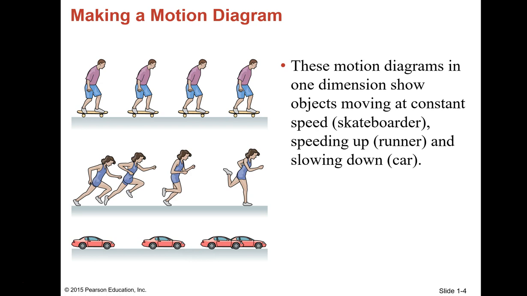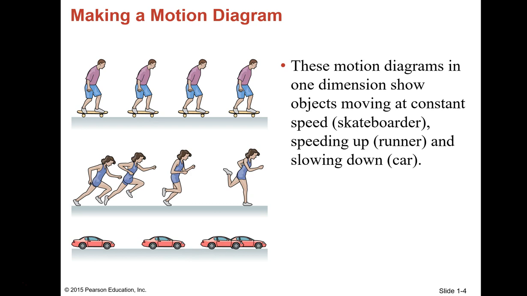All right, we've got three diagram pieces here that show three different types of motion. With the guy on the skateboard, if you notice, the gap between each picture is pretty uniform, so that indicates that the object is moving at a constant speed. Speed is how much distance you cover in a given time, how far you go in a certain amount of time.